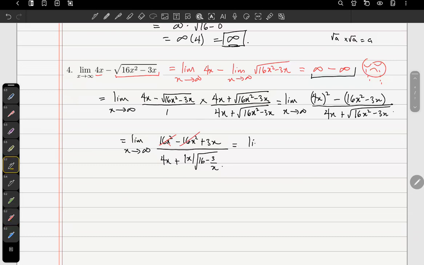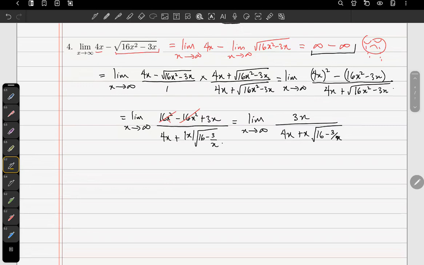And this is equal to the limit as x goes to infinity of 3x over, so you remember what we said the last time, as x goes to infinity, absolute value of x is just going to be x, because that's going to be positive values of x. So we have 4x plus x times square root of 16 minus 3 over x.